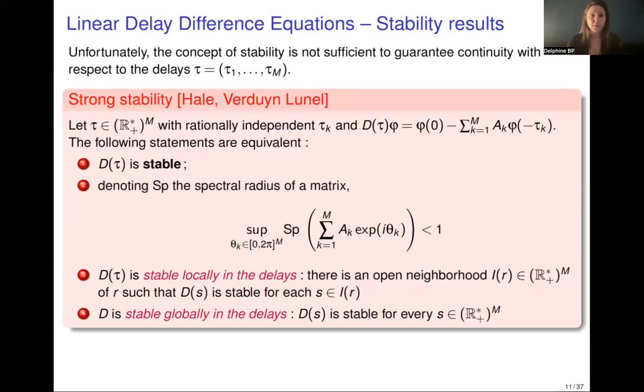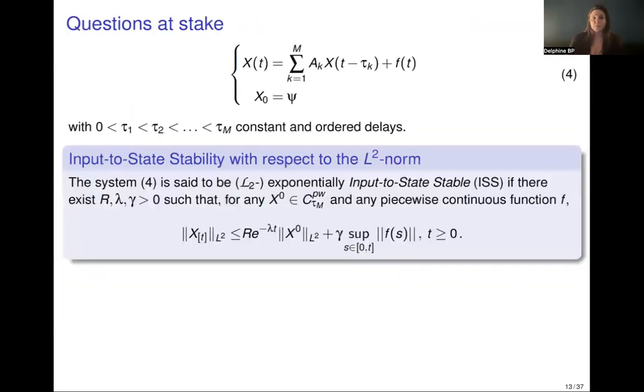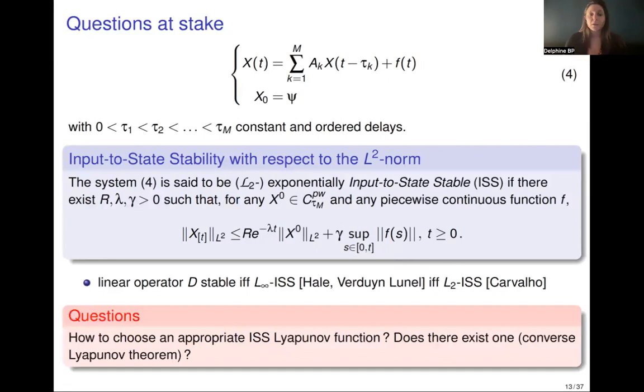So our question here was: can we establish a necessary and sufficient condition for input-to-state stability in terms of a Lyapunov functional? Can we establish a converse Lyapunov theorem for this type of system?